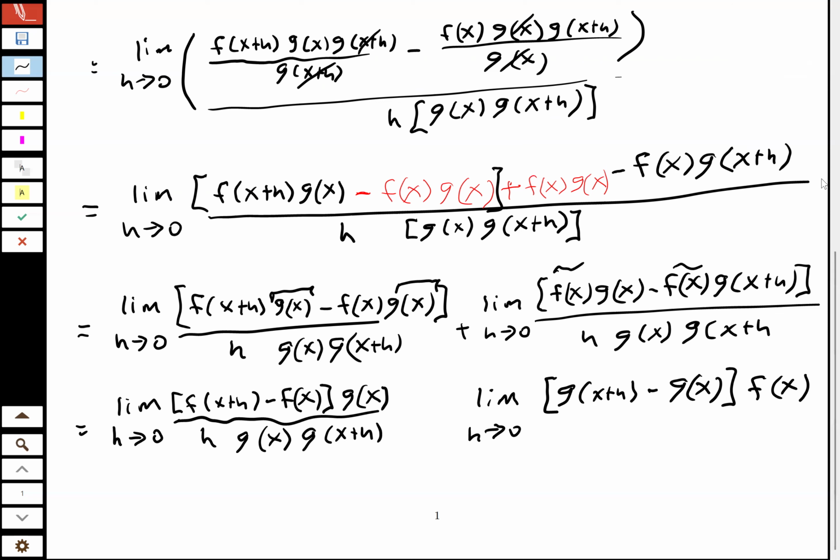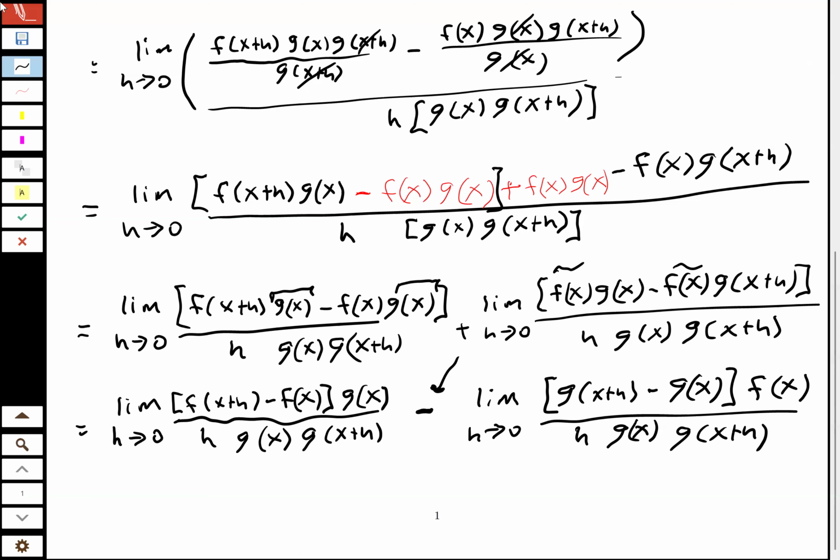Now, the problem with this is I can't just switch these two things around, the g of x plus h and the g of x, because doing that would change the sign. So I'm going to put a negative in the front. I'm switching this outside positive to a negative so I can switch the orders of my g's.